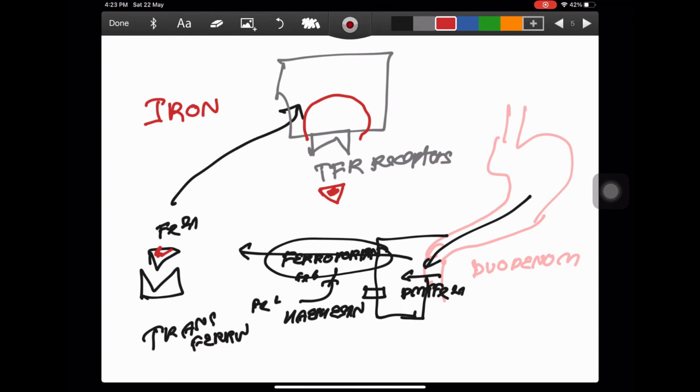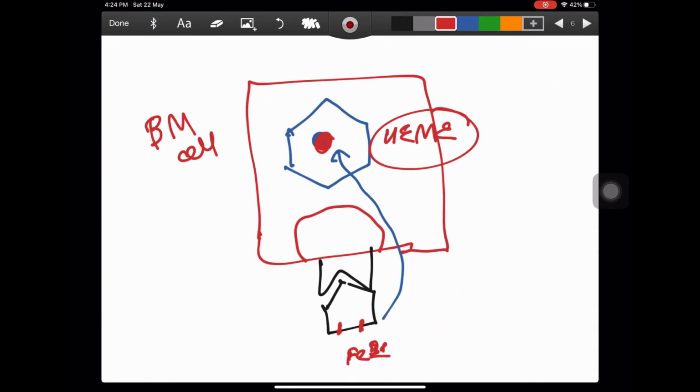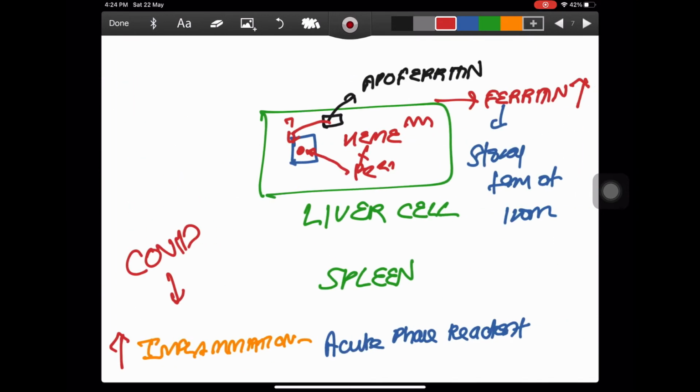First, from the duodenum, the iron is converted from the ferric form to the ferrous form, then it enters the cell, it is converted back to the ferric form, and it is carried by the transferrin protein to the bone marrow cells. There are transferrin receptors which take it inside, and it binds to the protoporphyrin ring and becomes heme.